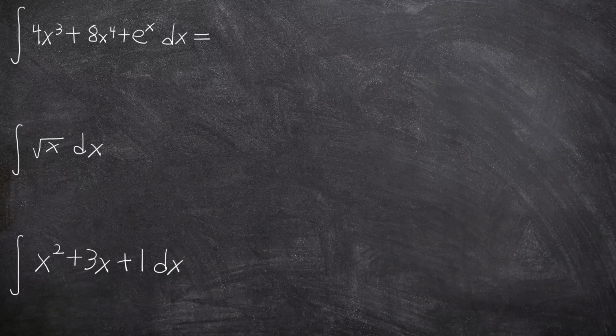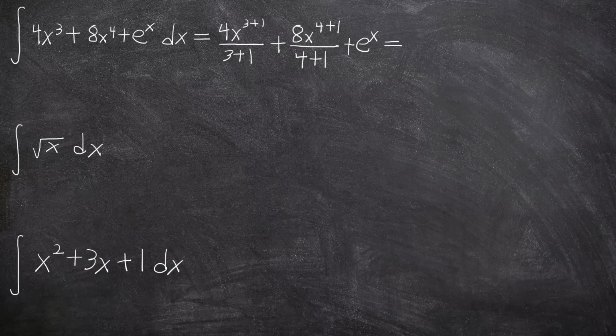So, as always, we want to apply power rule. So it would be 4x to the 3 plus 1 over 3 plus 1 plus the integral of the second term. By applying power rule, we get 8x to the 4 plus 1 over 4 plus 1 plus e to the x, as the integral of e to the x is itself.